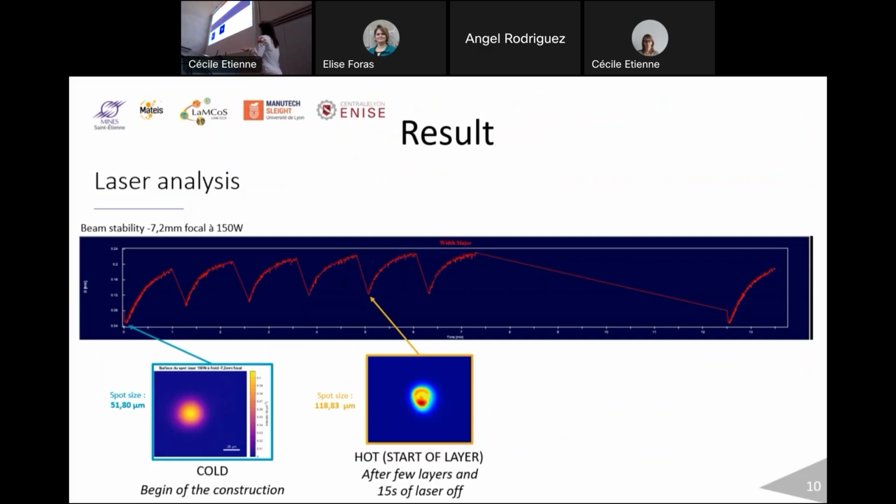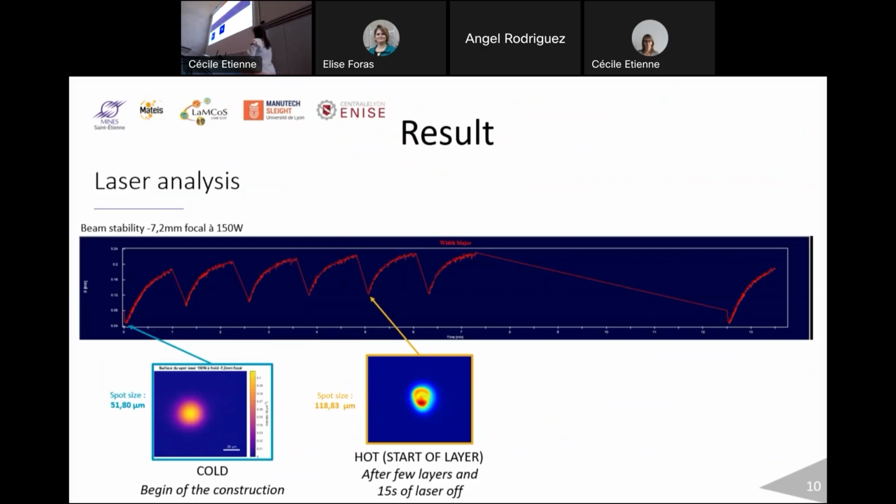After a few cycles, we can reach a stable state. We can see that the starting point and the end point of the spot size are the same, and we say that the machine is hot and stable.